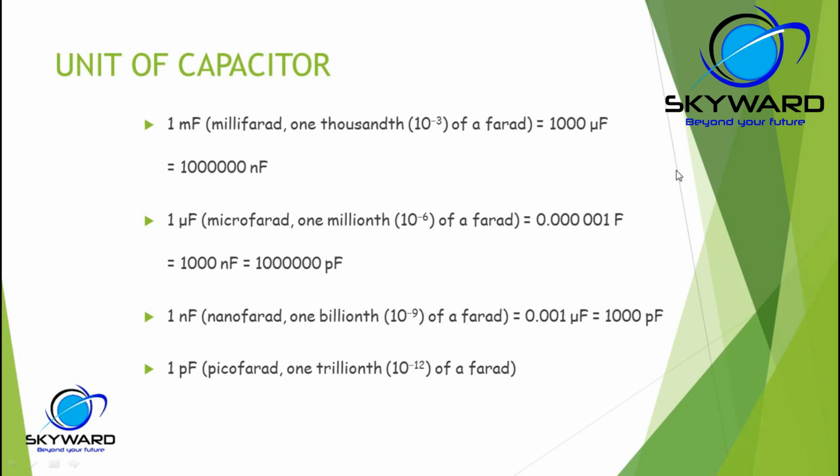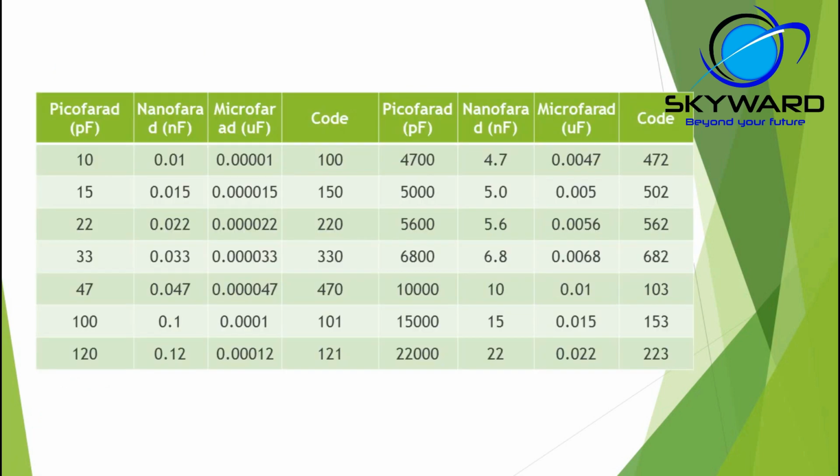Okay, let's move. According to the code, if 100 is there, then the first 2 digits are as they are, and multiply by 10 to the power of the last digit, equal to picofarad. So if the code is 100, it means 10 multiplied by 10 to the power 0, means 10. 150 means 15, 470 means 47, 101 means 10 multiplied by 10 to the power 1, means another 0, means 100 picofarad.